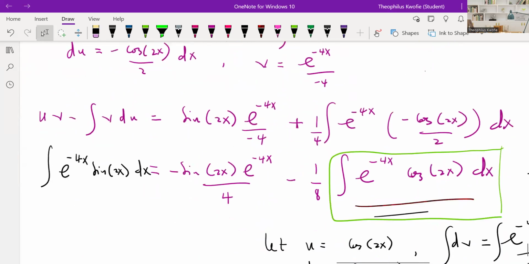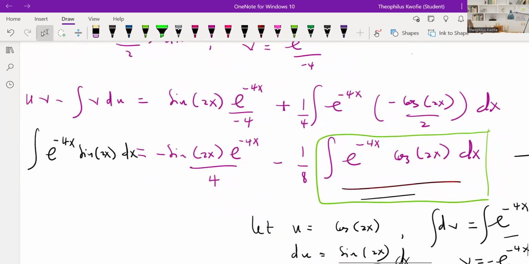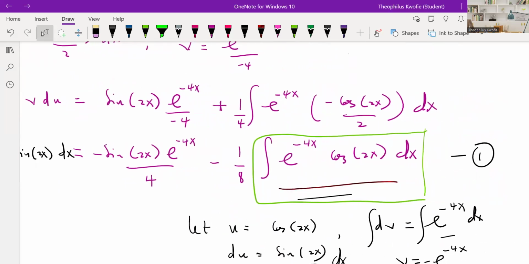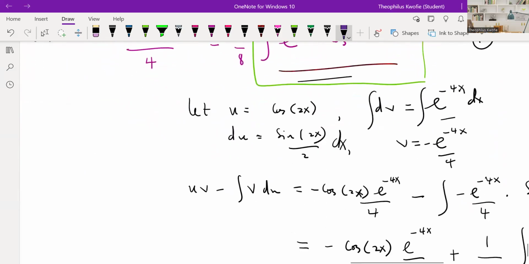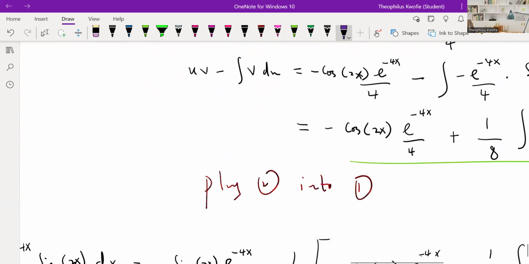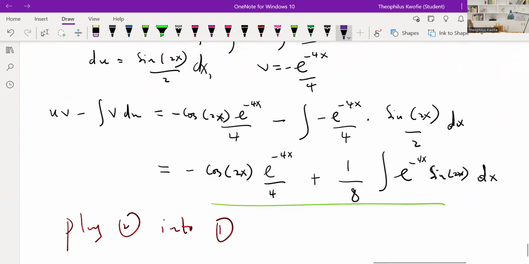But then when we go here, we saw that this one we still have to reapply the integration by parts. So we went further to use the same procedure, and then we got here.